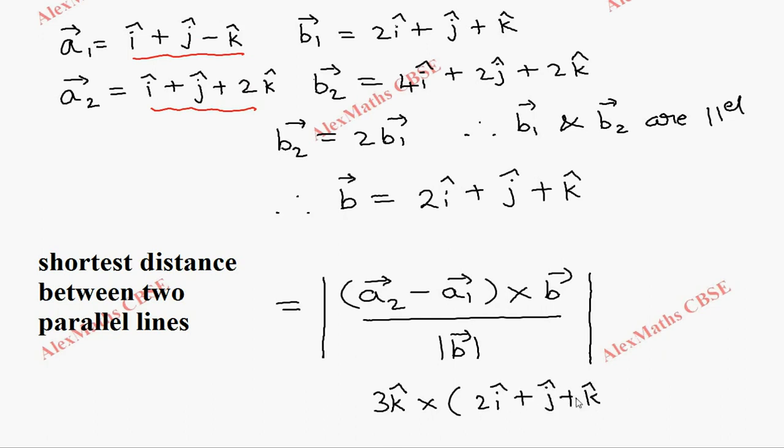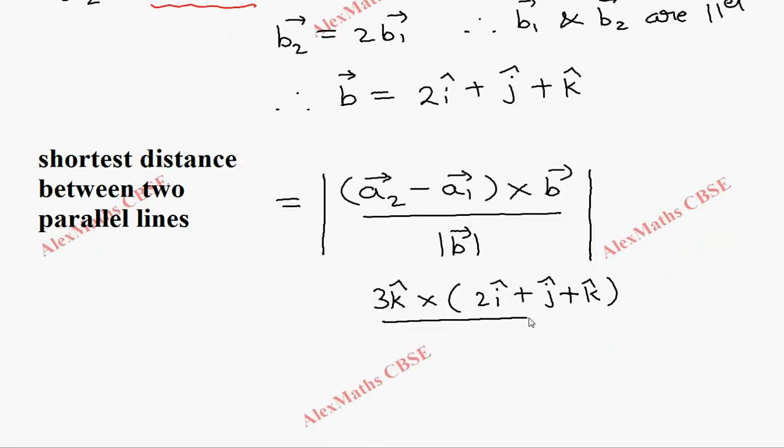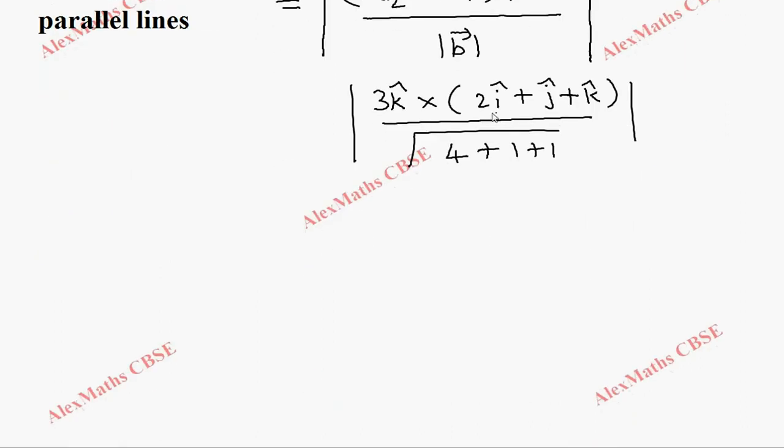In the denominator we have magnitude of B, which is root of 2 square 4 plus 1 plus 1, and we have the whole magnitude. We have to do the cross product. Generally we use a determinant, but since this is a single term, we are going to directly multiply this with every term.